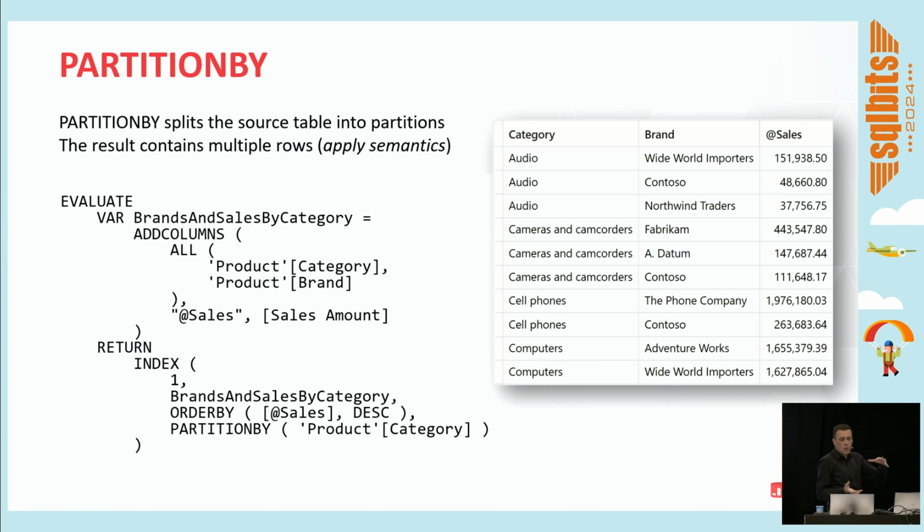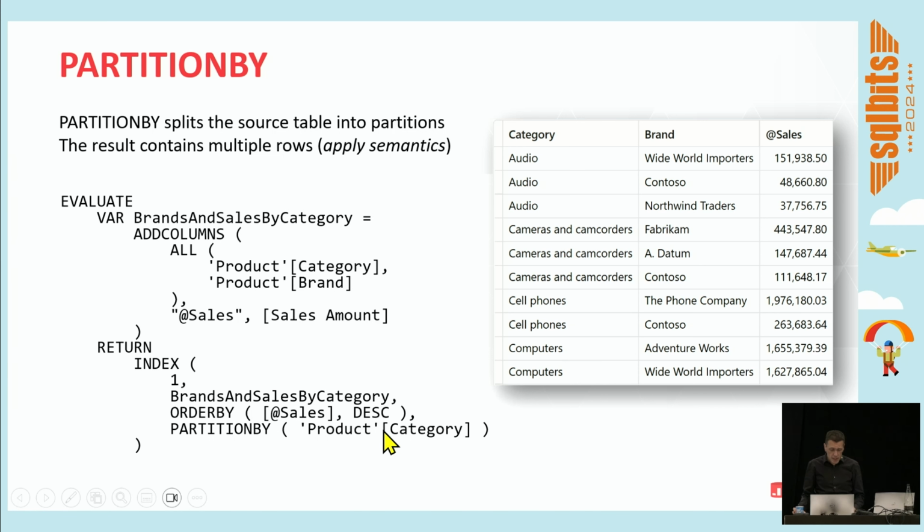Well, it is a way to say I want to split the table into different groups, different partitions, based on columns. At that point, index will repeat the process for every group, for every partition. So the result of index could be multiple rows, one for each partition.